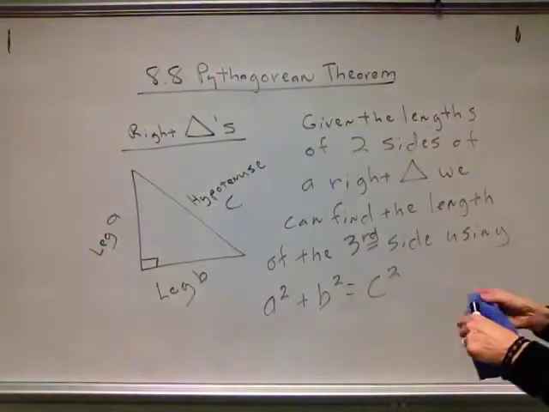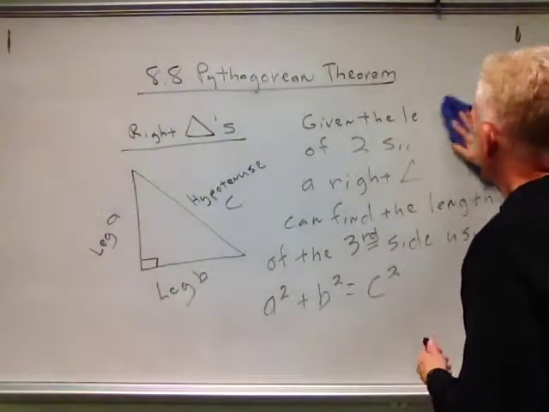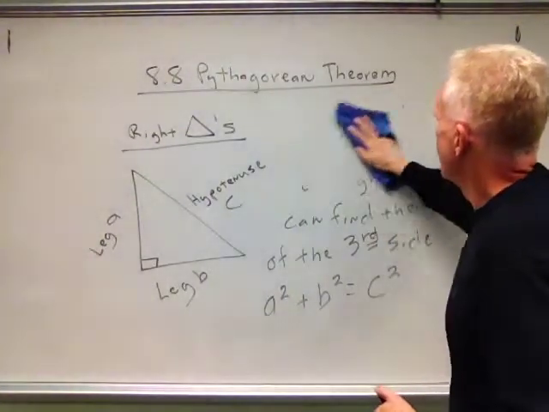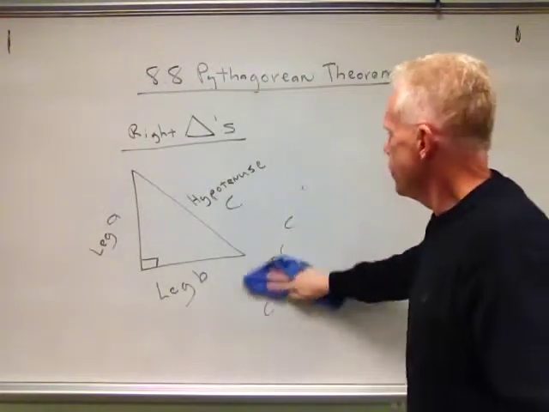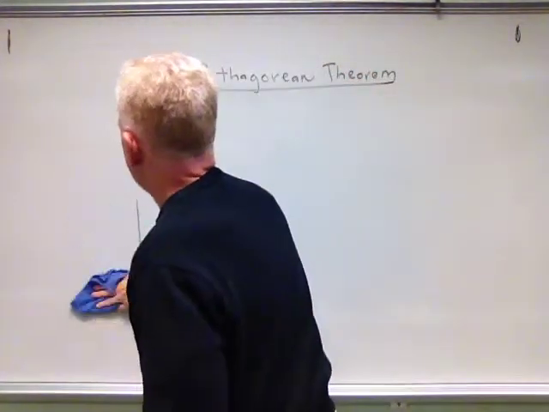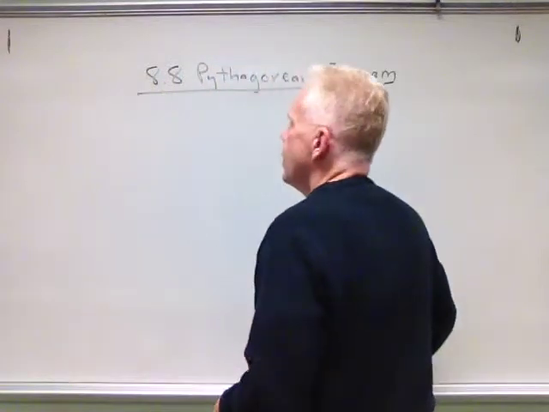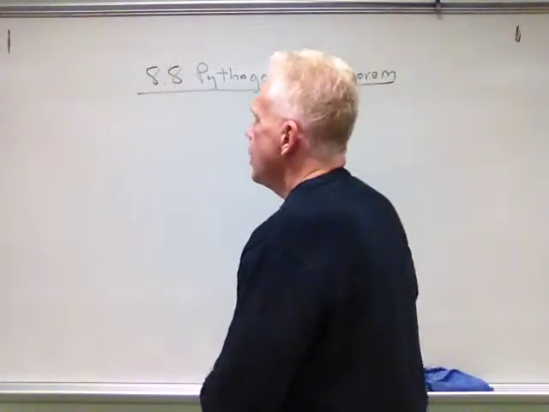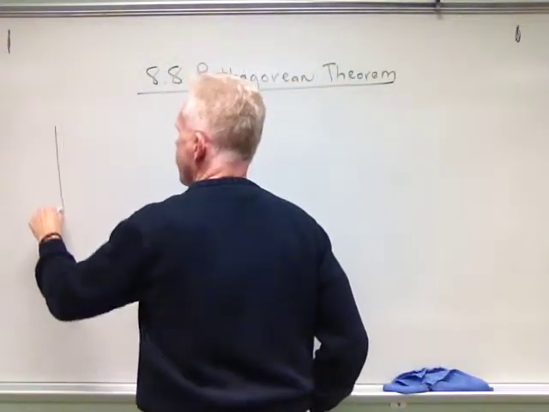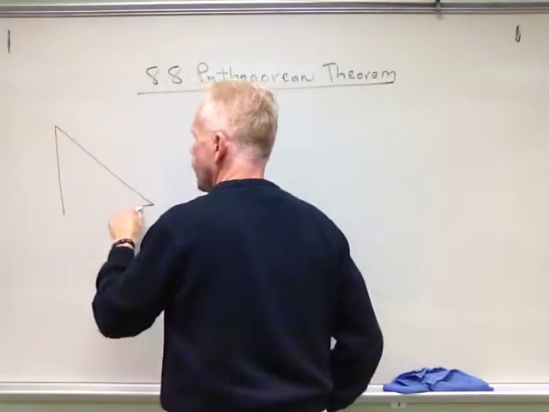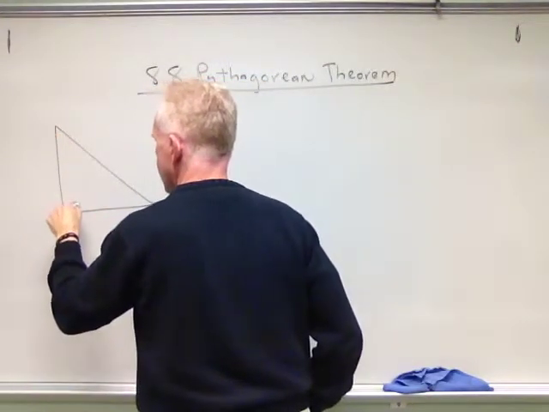Make sure you get this copied down. I want to give you an example of how to use the Pythagorean theorem to work a problem for yourself. All right, so let's take a right triangle. Okay, so here's our right triangle.